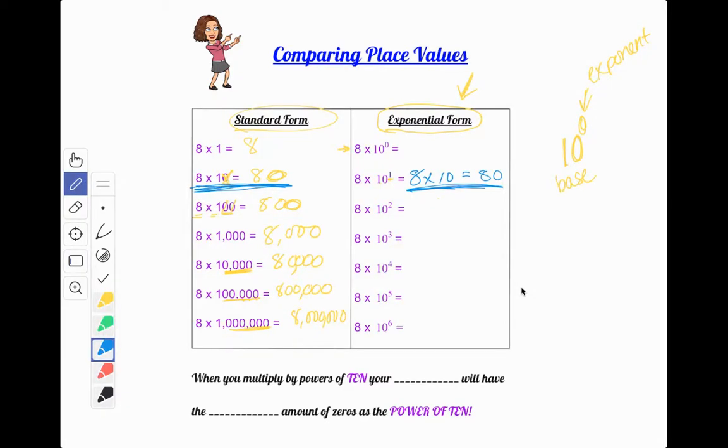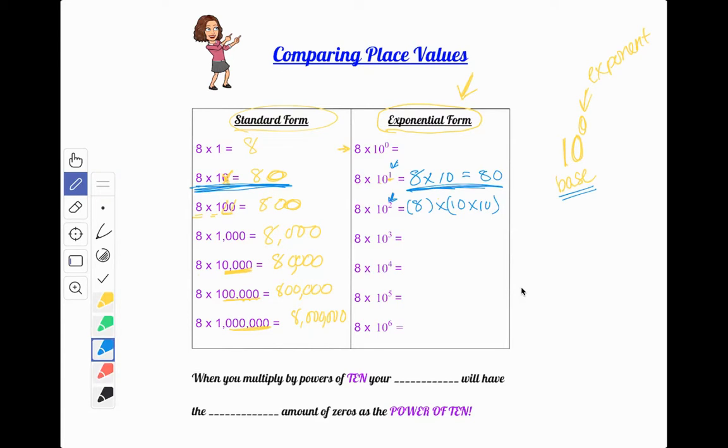Also, in the base 10, because we're dealing with base 10, the trick is whatever the exponent is, that's how many zeros you have. So on the next one, we have a 2 as our exponent. So that means I have 2 tens, so 8 times 10 times 10. Well, how many zeros do I have?